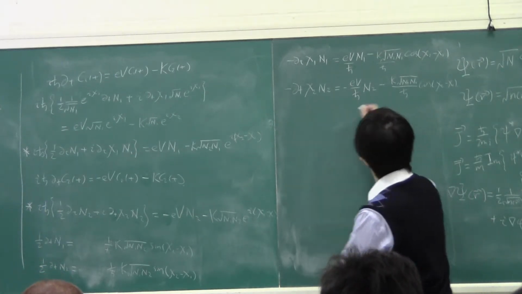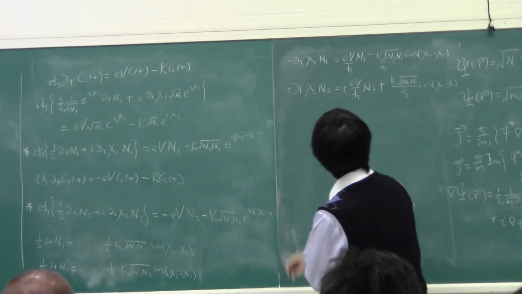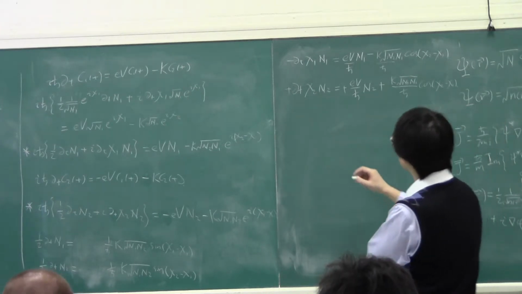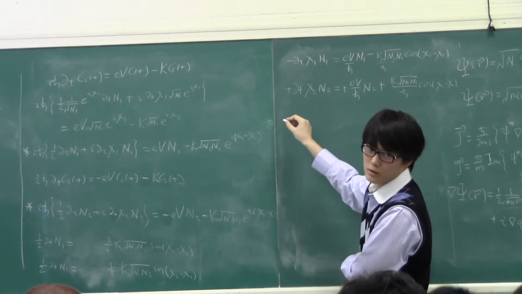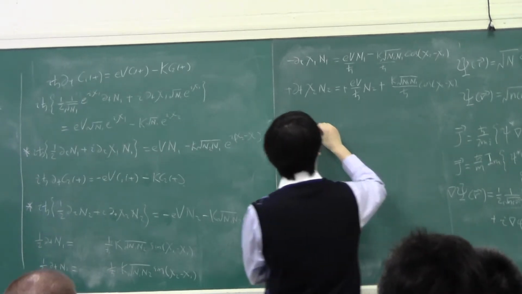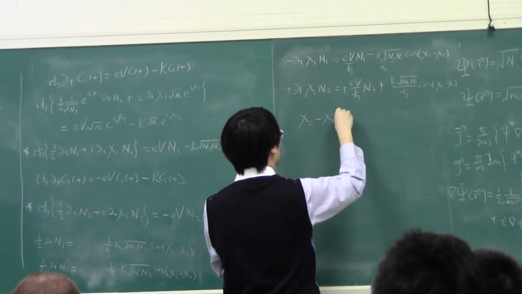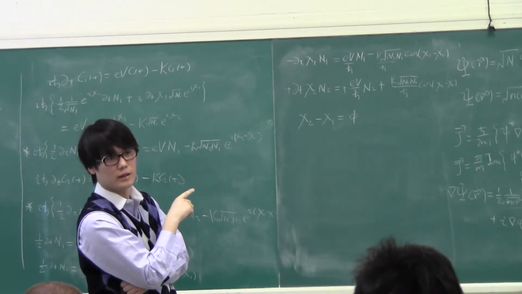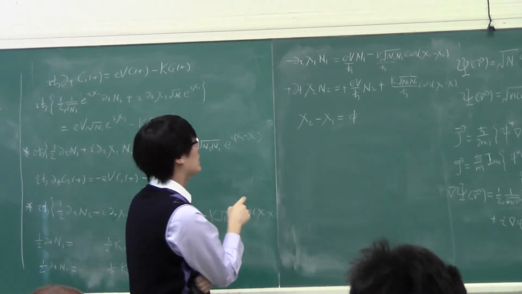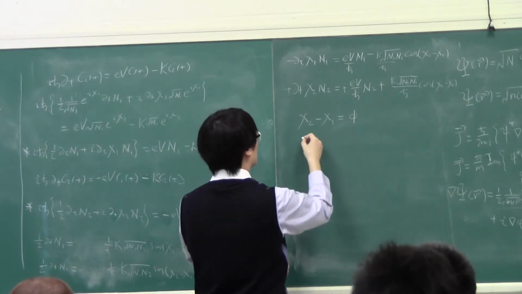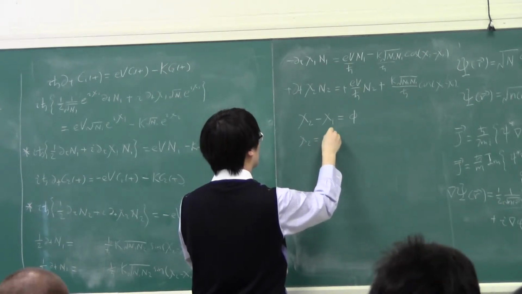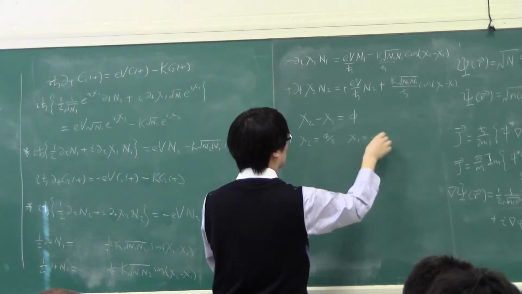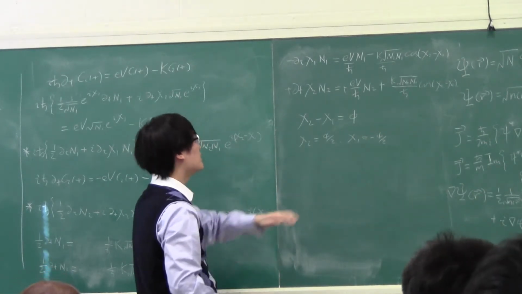First of all, there are a bunch of minus signs here, so I can turn everything here into plus signs. Now let me write the difference of the phase across the junction: chi2 minus chi1 is equal to phi. This is not the ground state wave function. This is the difference in phase across the junction. And I'm free to choose how, so maybe I can set this to be phi over 2, while this is minus phi over 2. So their difference is phi. So let me plug that into here.